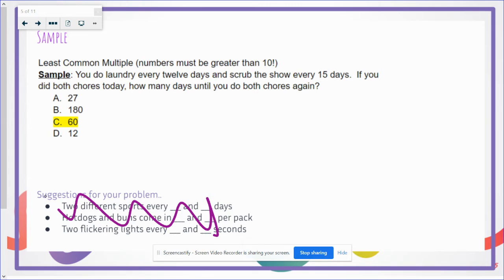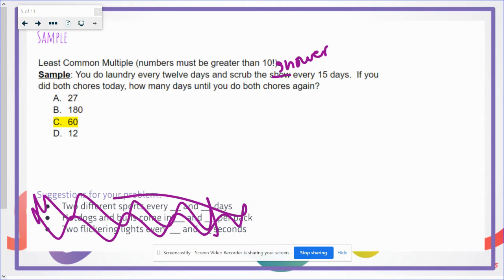Now, on the flip side of that, let's talk about least common multiple. You do laundry every 12 days, and you scrub the shower every 15 days. If you do both chores today, how many days until you do both chores again?